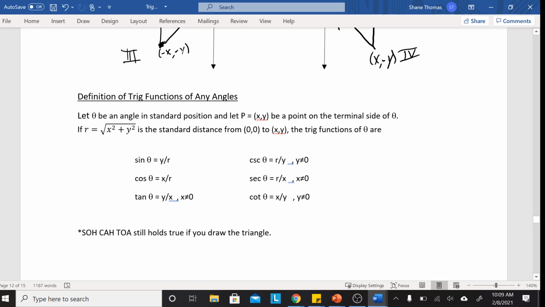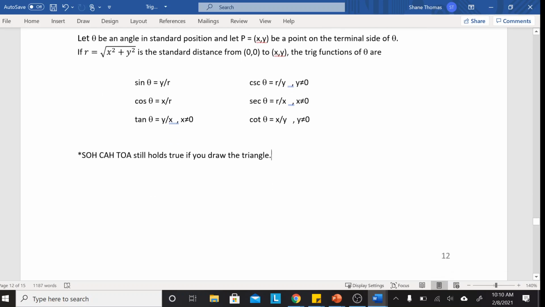If we draw it, we still have SOHCAHTOA. That still holds. But if you want to save yourself time, you can just use your y value, your x value, find your r value, and find all these values. So what we're going to do here, I have an example.